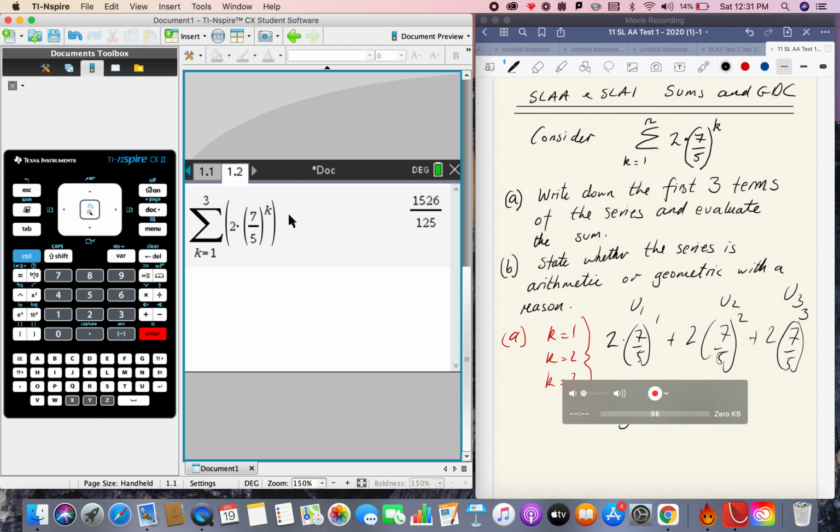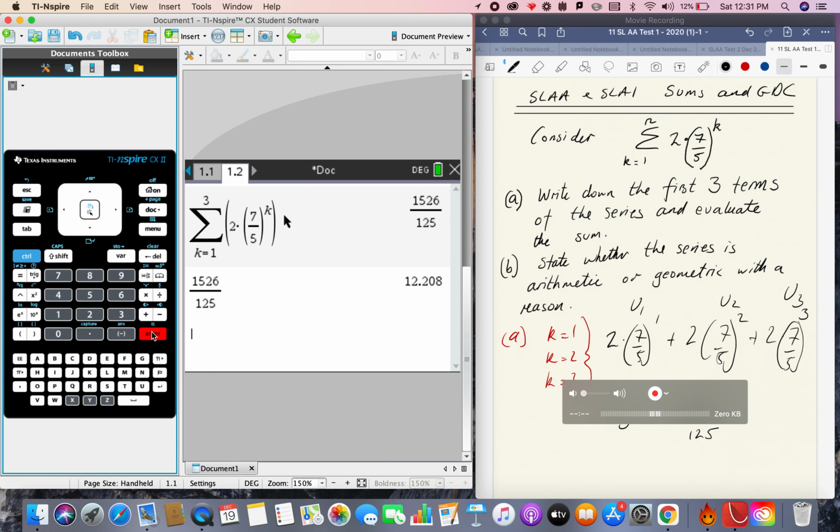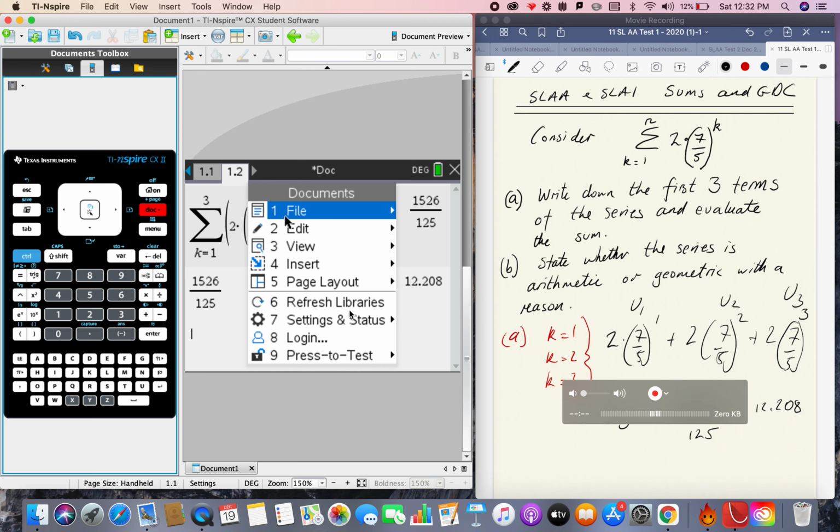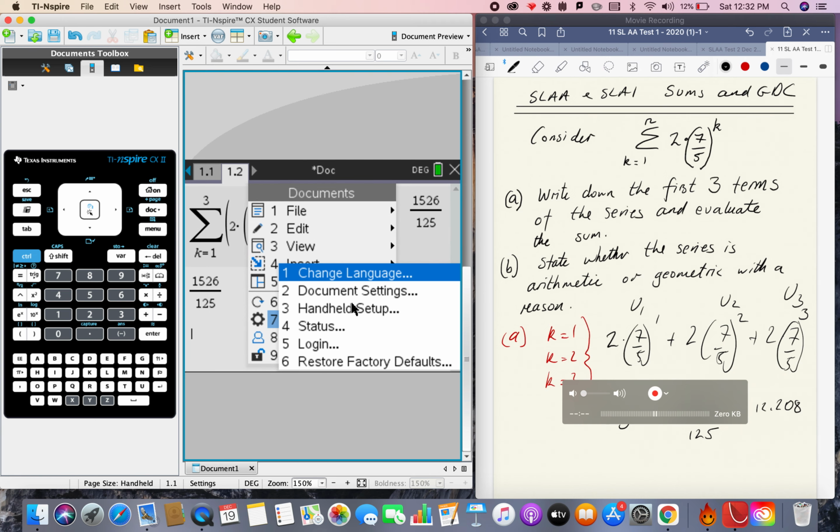We can write it down like this. 1526 over 125. The calculator gives an exact answer. Or we can bring this down here and press Control equals, and we will get the answer as a decimal, which is equal to 12.208. I'll just check under document, settings and status, to see how my calculator is rounding off answers.